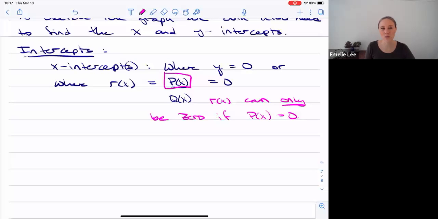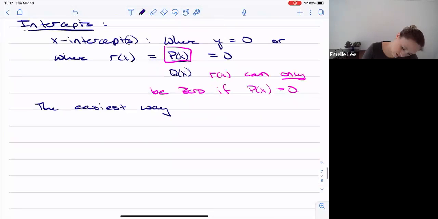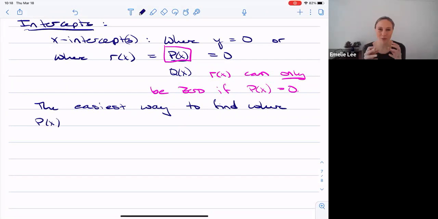Now, the easiest way to find where P of X equals 0 is to factor this thing and find the roots, right? Notice, again, I'm going to focus on just quadratics, and we know how to factor and deal with quadratics, find the roots of quadratics.